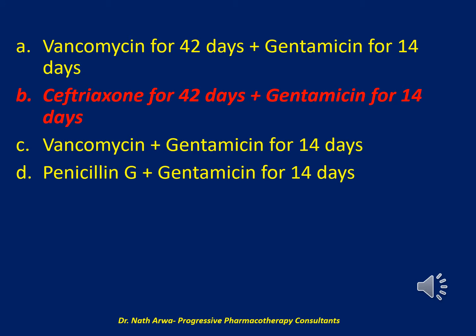No history of penicillin intolerance is mentioned, and vancomycin would be inappropriate. That makes answers C and A incorrect. The patient also has a prosthetic mitral valve, which will require a longer course of therapy, making answer B correct and answer D incorrect.